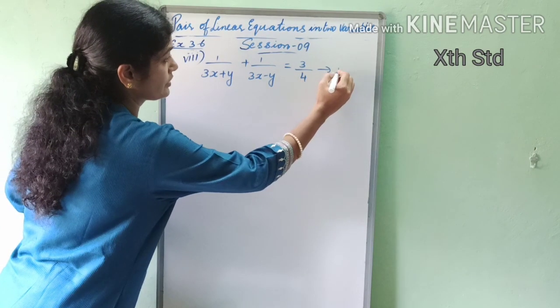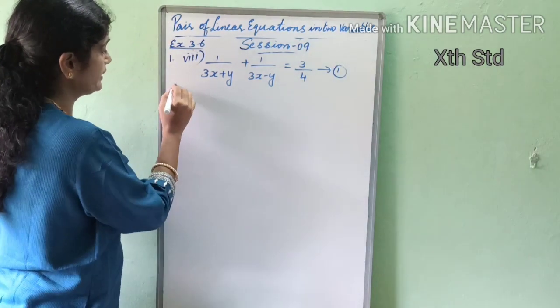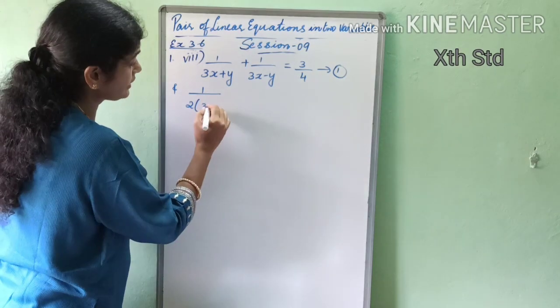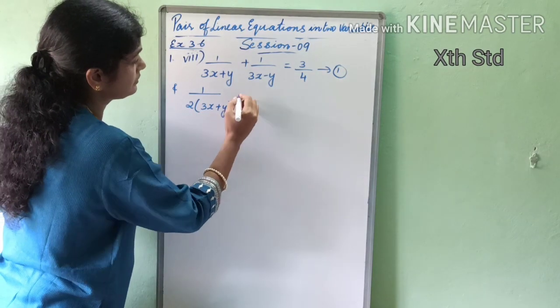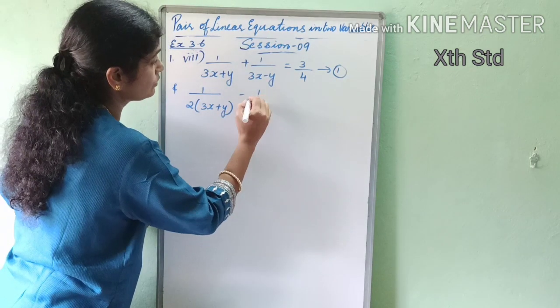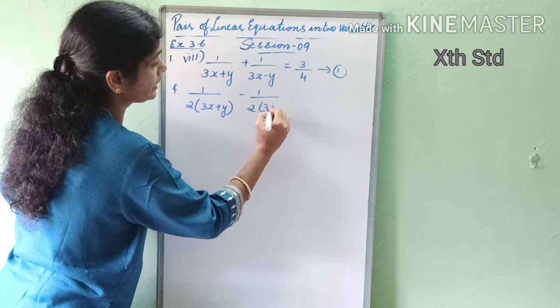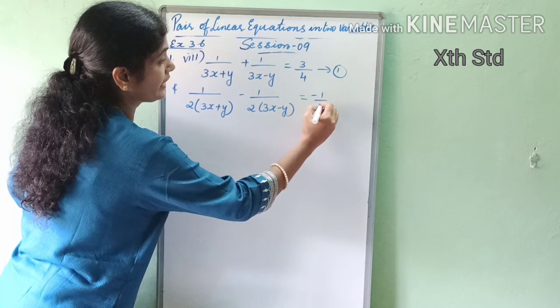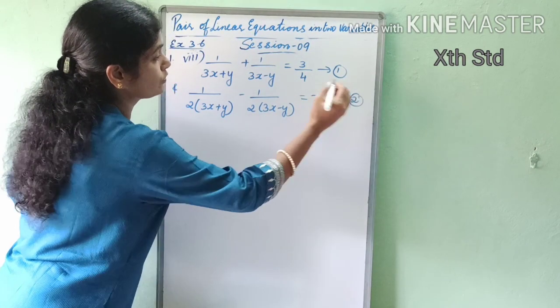This is the first equation. And 1 by 2 into (3x plus y) minus 1 by 2 into (3x minus y) is equal to minus 1 by 8. This is your equation 2.